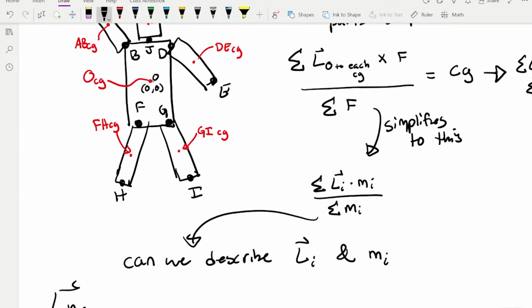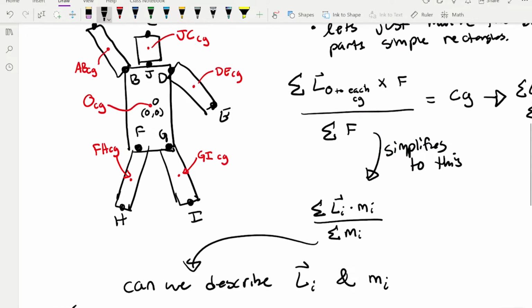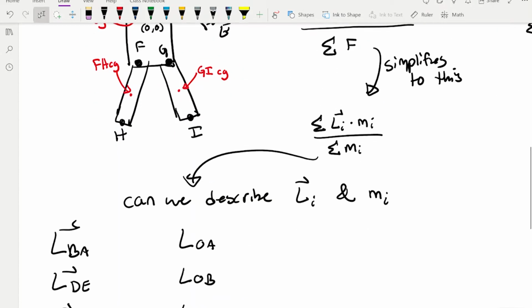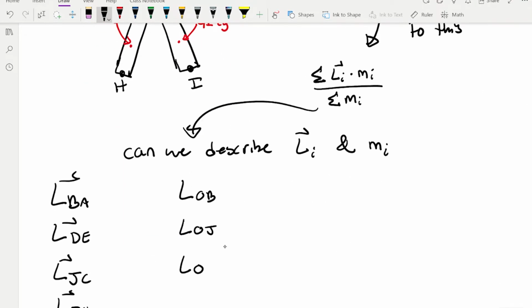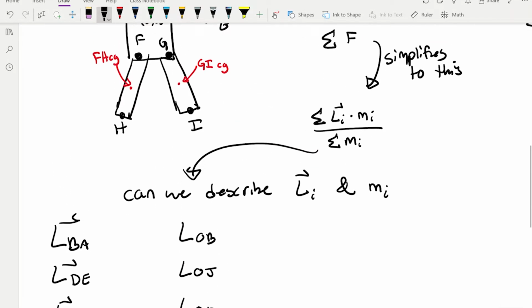We need the length vectors from the origin to each body insertion point. So that's going to be LO to B, LOJ, LOD, LO to A or F.